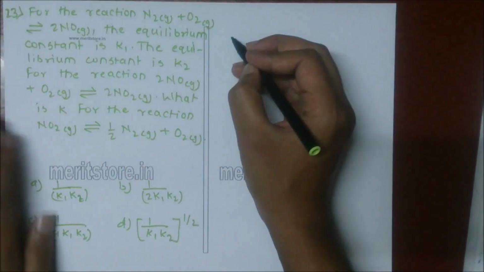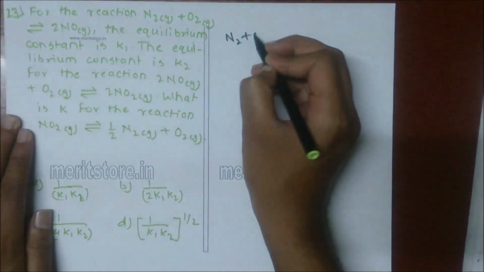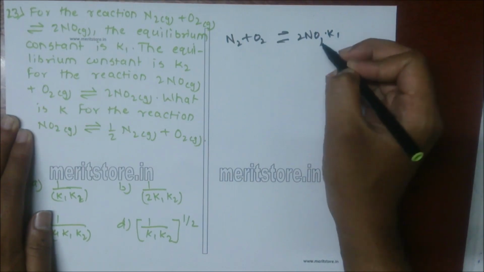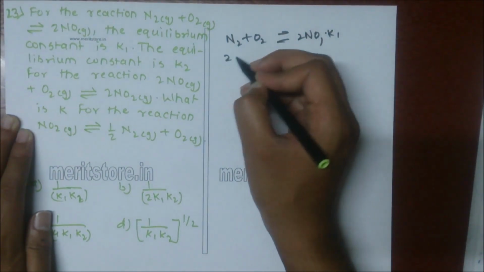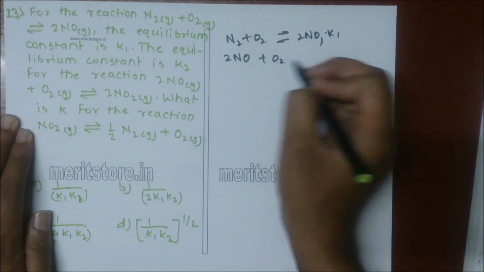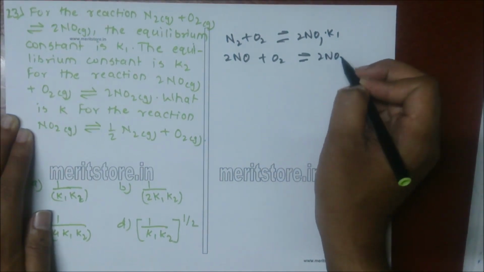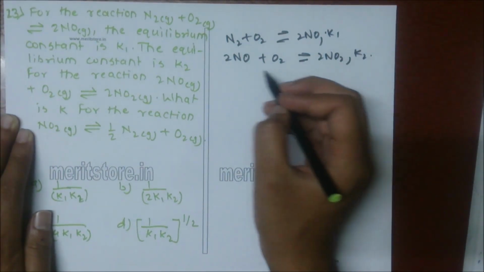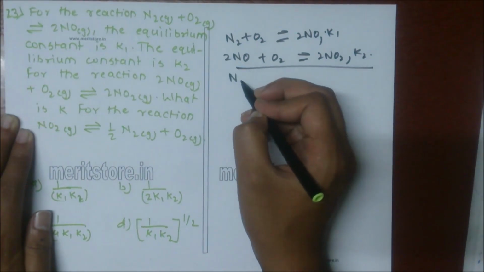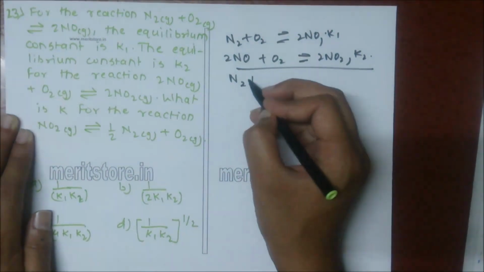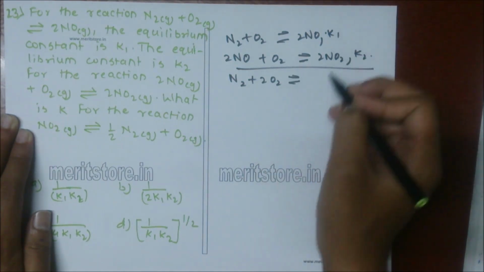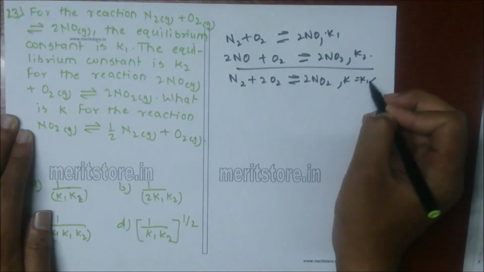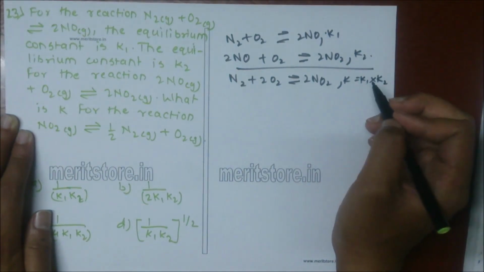So we have equation 1 as N2 plus O2 gives 2NO, with K1 as the equilibrium constant, and then 2NO plus O2 gives 2NO2, with K2 as the equilibrium constant. On adding both the equations we get N2 plus 2O2 gives 2NO2, where K is equal to K1 into K2. This is the equilibrium constant.